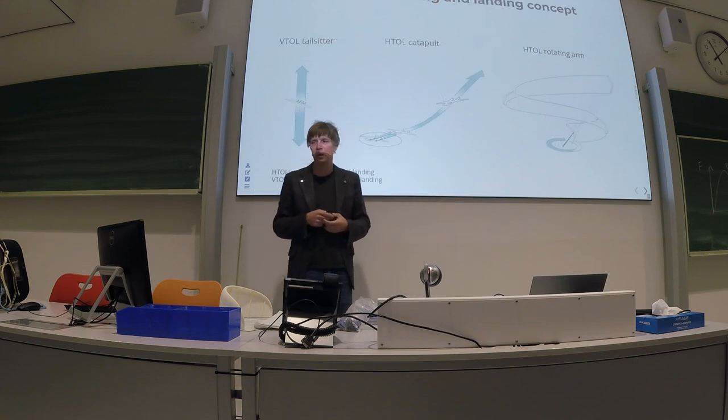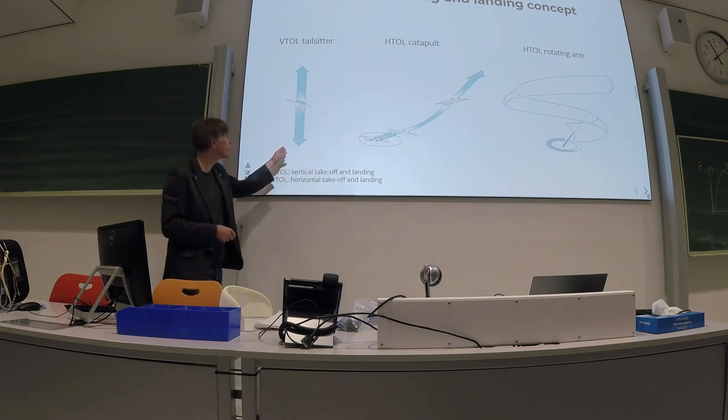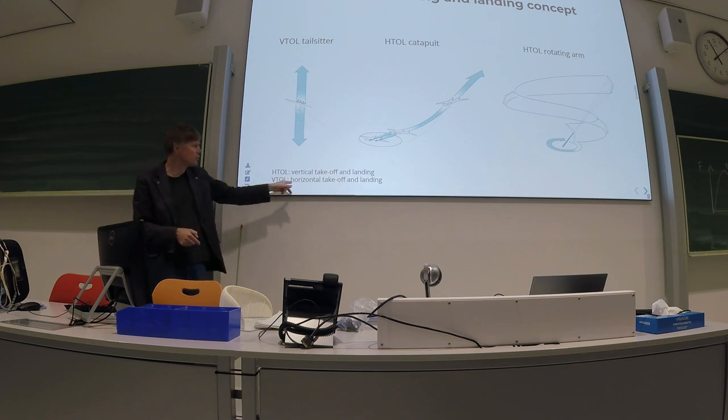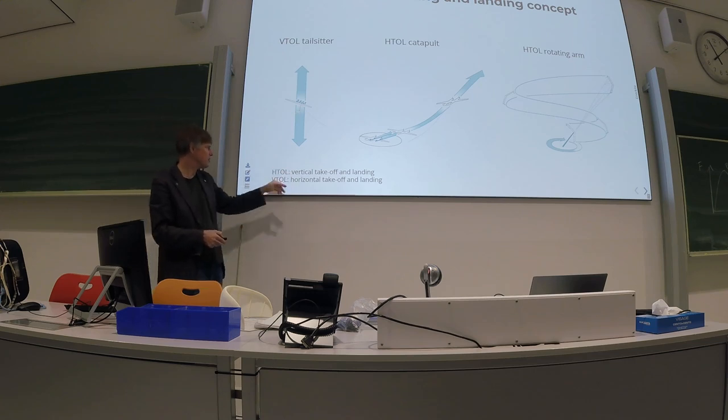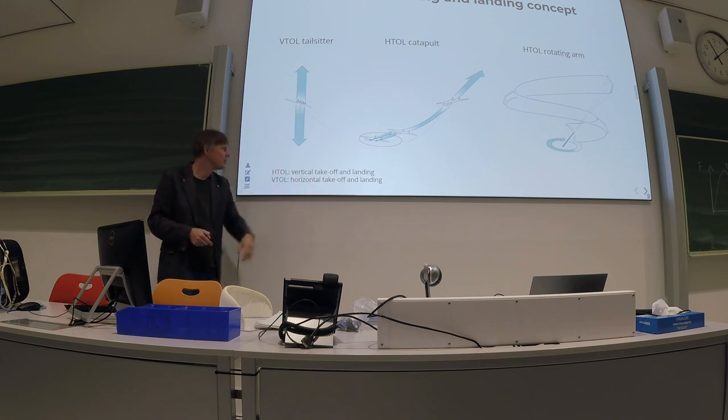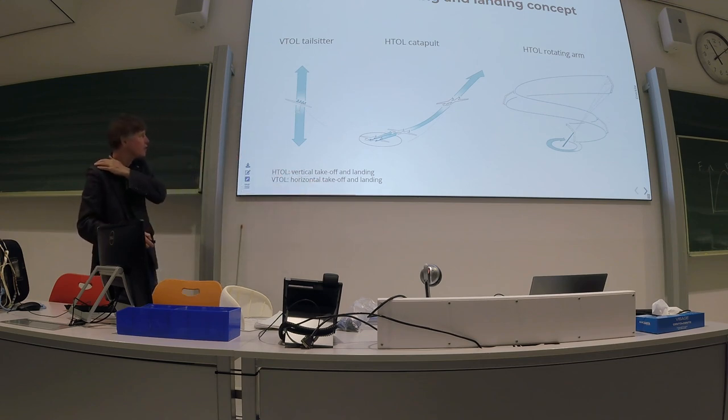Then the launching and landing concept. So here we have this tail sitter drone, and VTOL means horizontal. Sorry, I mixed this up, I just see. VTOL means vertical takeoff and landing. HTOL is horizontal takeoff and landing, of course.